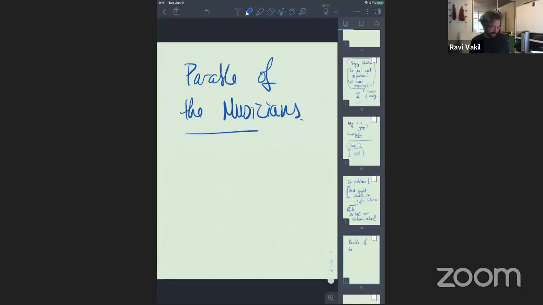As we near the halfway point, I want to get to mathematics for the second half. I just want to give one last thing, which I'll describe as the parable of the musicians, to lead up to it.